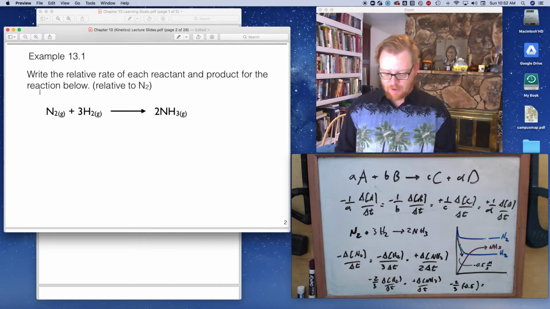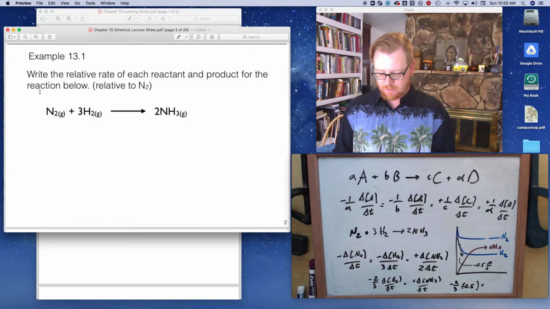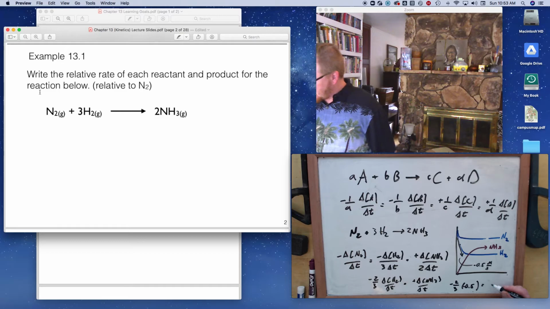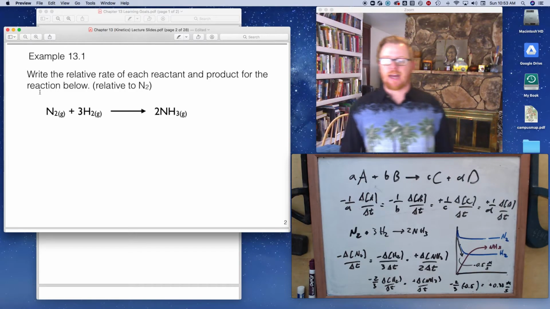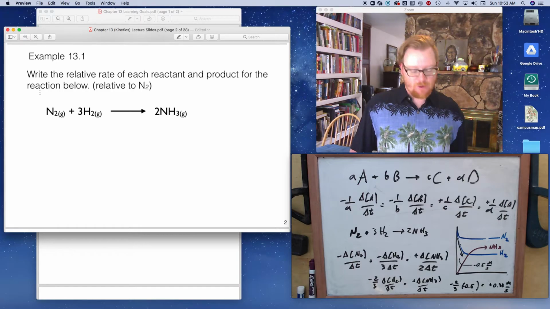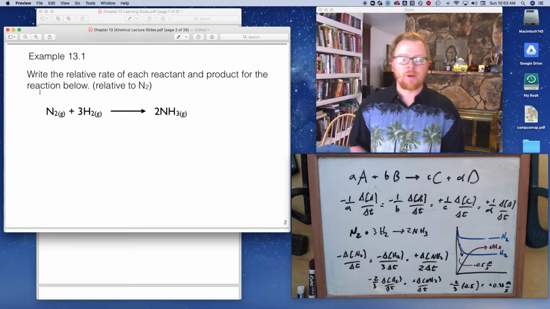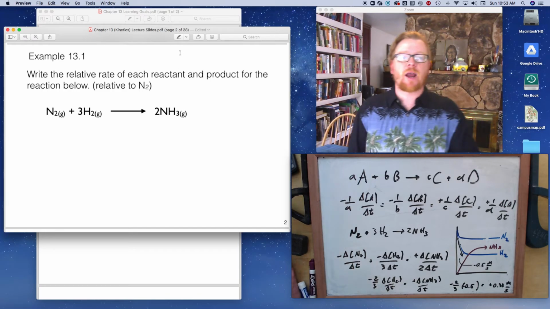Let's just do that in the calculator real quick. Right, so that's 1/3. So then that means the ammonia rate would be positive 0.33 molar per second, and it's an absolute rate.